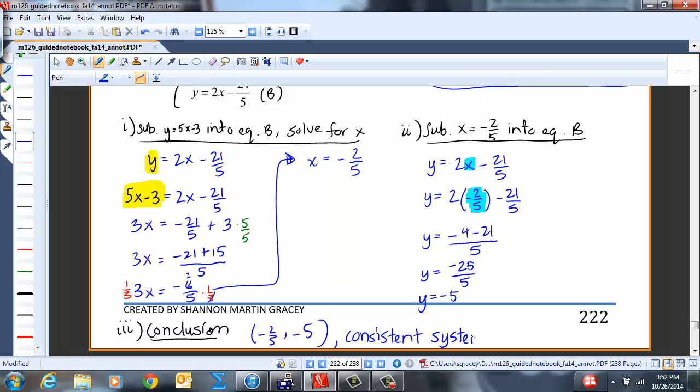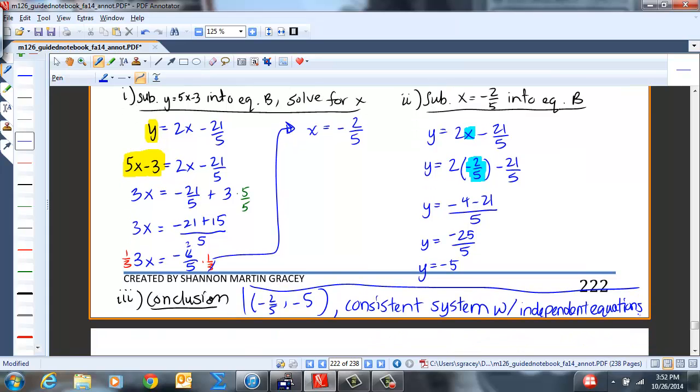And it was not the same line, so with independent equations. Oh, that got a little loopy, didn't it? Okay, so there's our result for that guy.